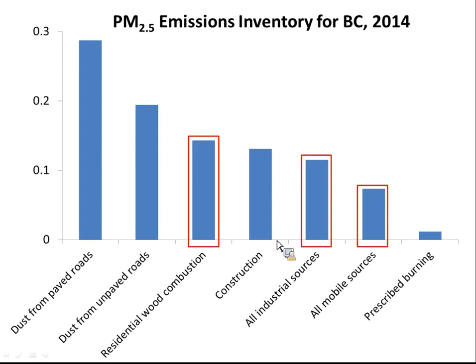So even though a fairly small fraction of the province uses wood to solely heat their homes or to supplementary heat their homes, the emissions are large, larger than all industrial emissions for the province, larger than emissions from all mobile sources. So fairly small percent of the population uses this, the emissions generated are large.